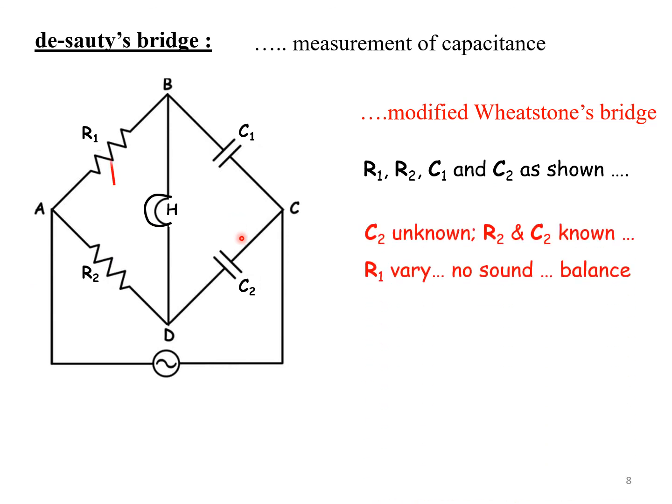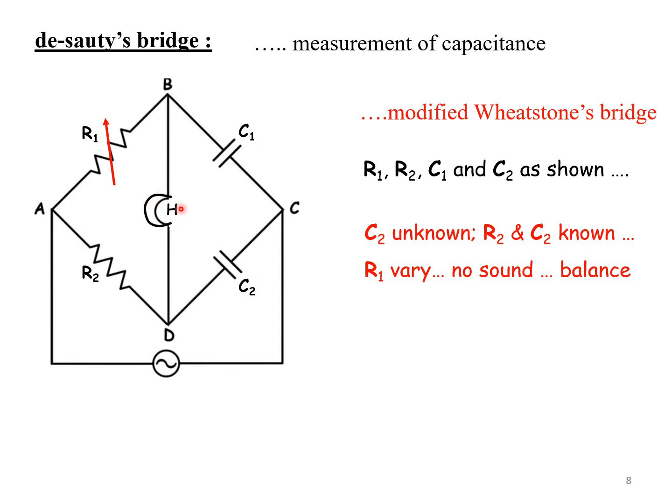And let us say our aim is to determine the unknown capacitor C2 provided R2 and C1 are known. So R1 we are going to vary, so that no sound is heard in this particular headphone.